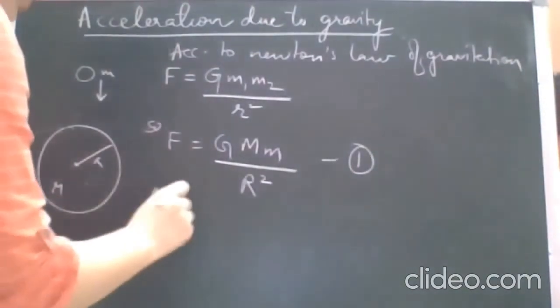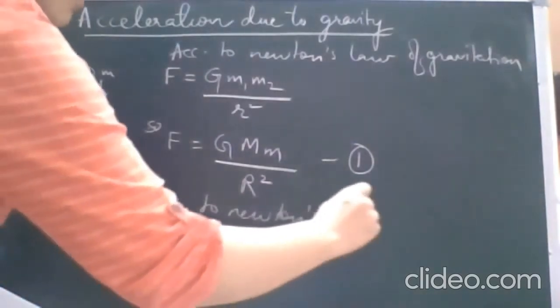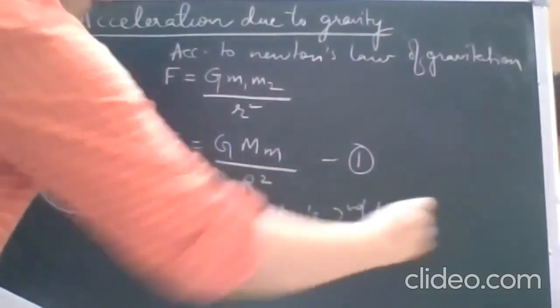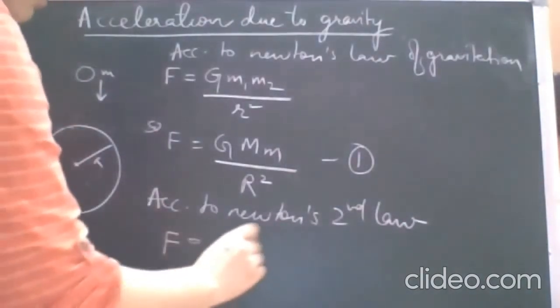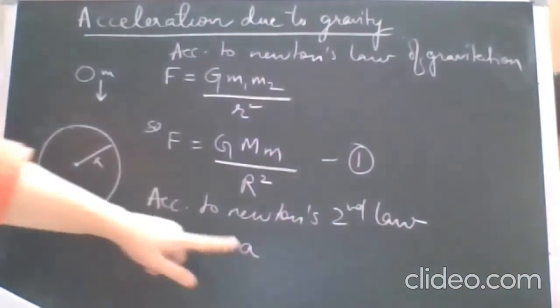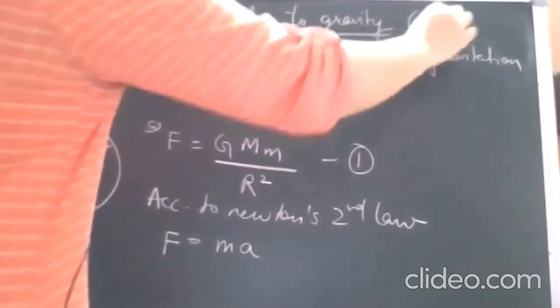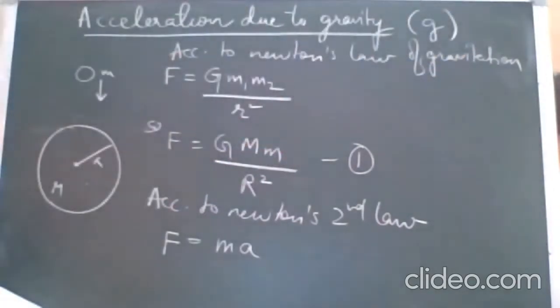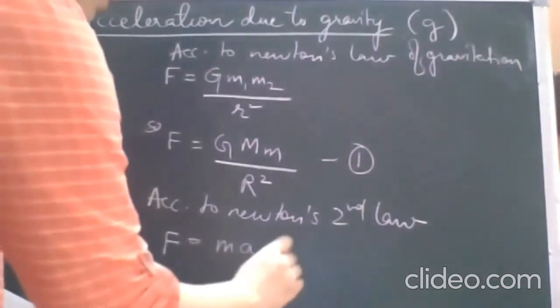According to Newton's second law, which says F is equal to ma, I can write the force on this object of mass small m as F is equal to m into a. I am replacing a by small g, just to indicate that it is acceleration due to gravity.